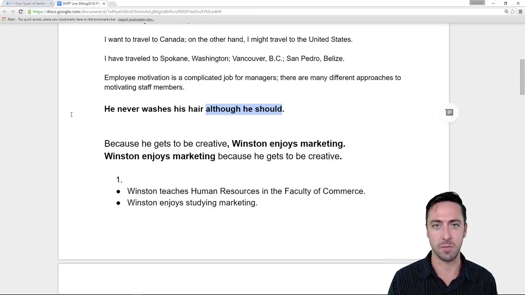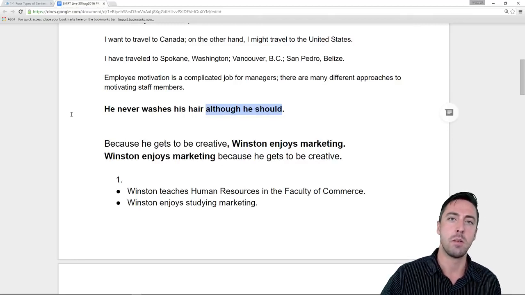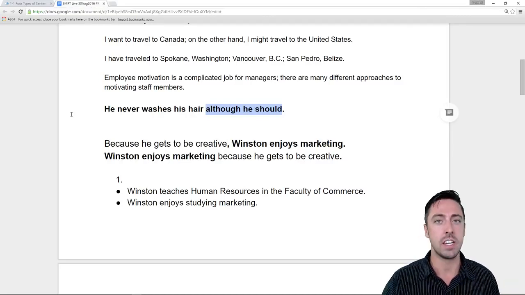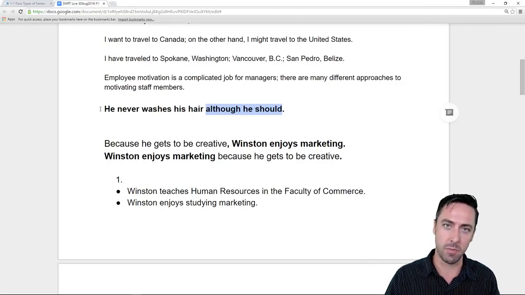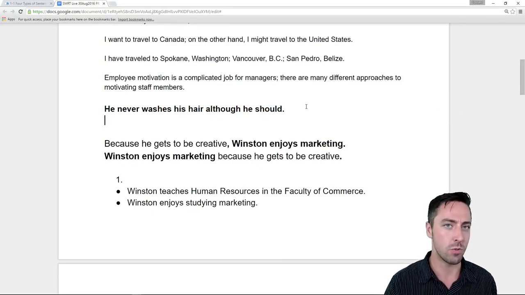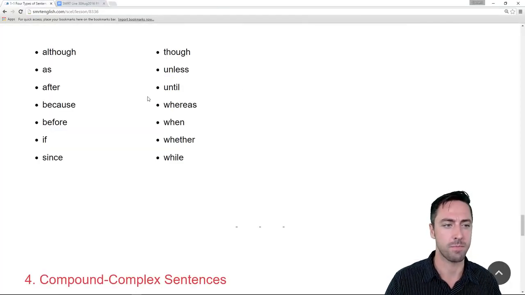I could say that by itself. I could put a period at the end of that sentence because it is independent, but I want to add information that's related to it. He never washes his hair, although he should. It adds extra information, and the information is usually in opposition to the first independent clause there.